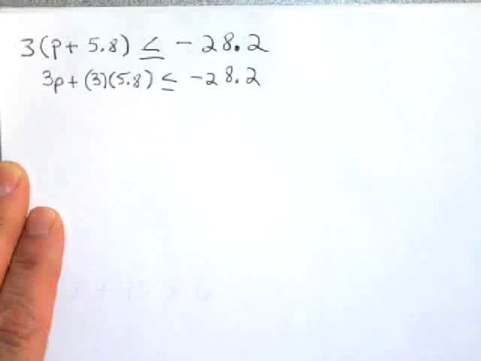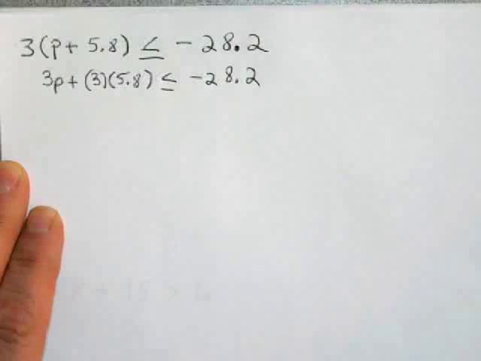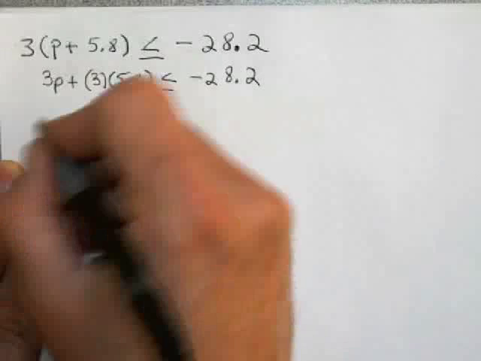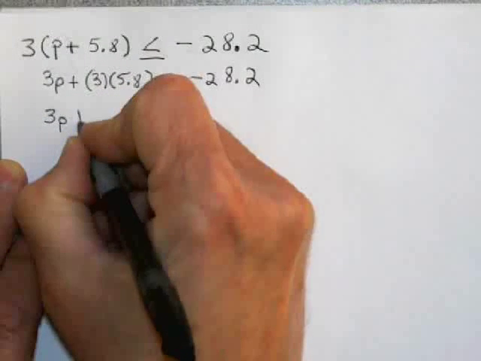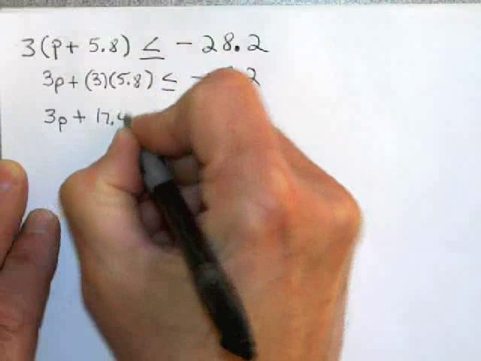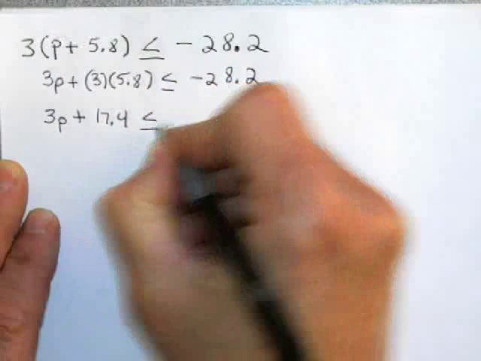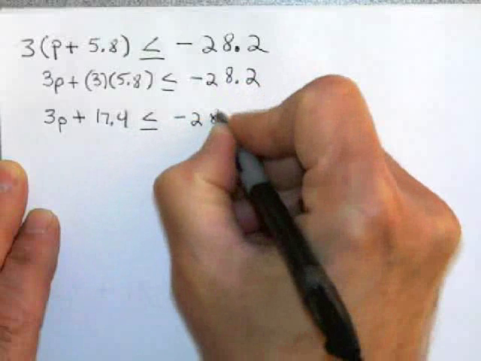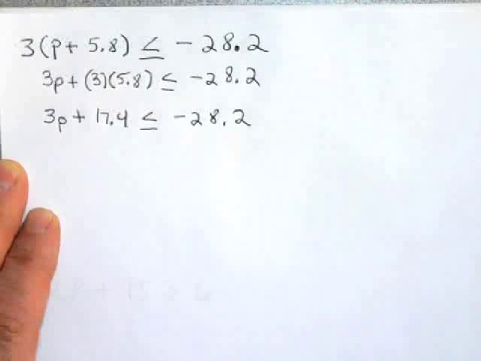At this point, I'm going to multiply the 3 by the 5.8, and as a result of that multiplication, I will get 3p plus 17.4 is less than or equal to negative 28.2. Now I can subtract 17.4 from both sides, and that's what I'm going to do.